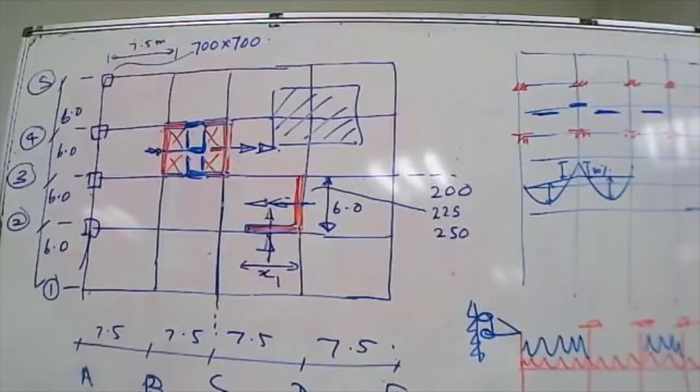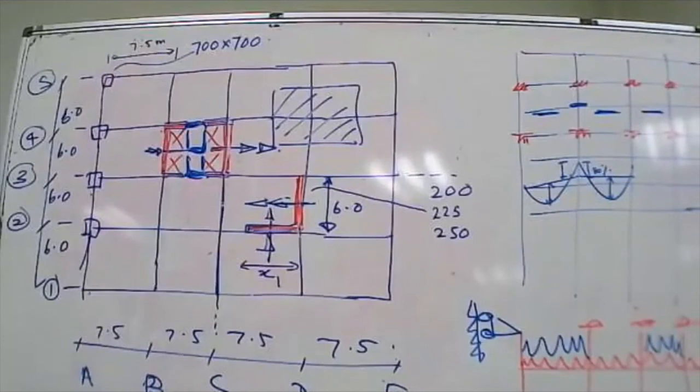Excuse me, sir. One last question. Sir, for the strong column weak beam condition, is the basis the stiffness of the beam and the column, the I over L ratio, or every time do we have to consider the larger column?